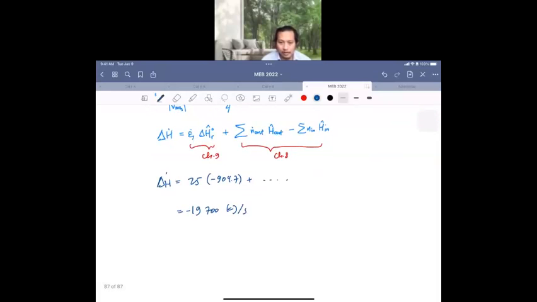From here, we could say that the heat flow is approximately delta H, because they are not mentioning other parts that appear in this system. So we could take this approximation, and this is kilojoule per second, or we could directly write kilowatt.